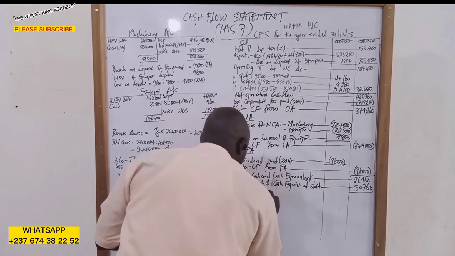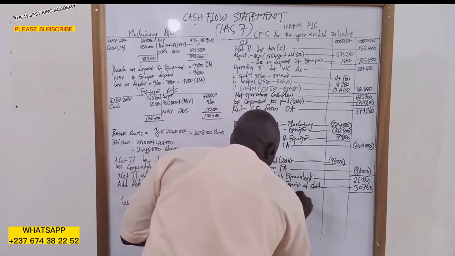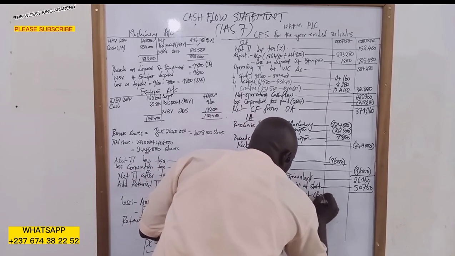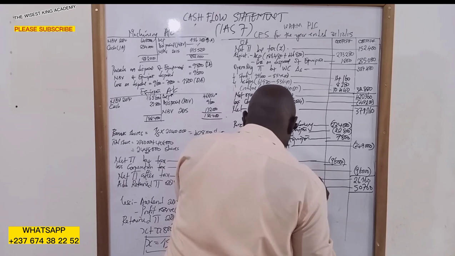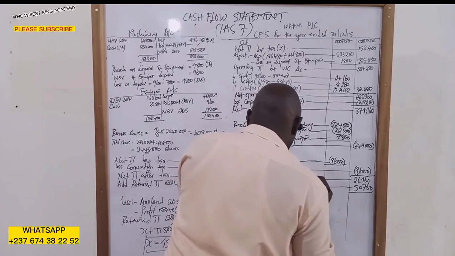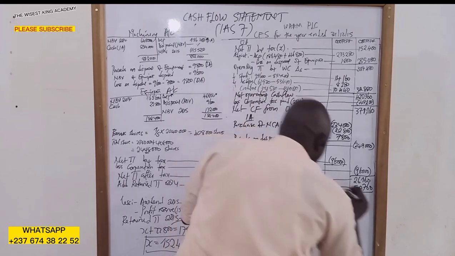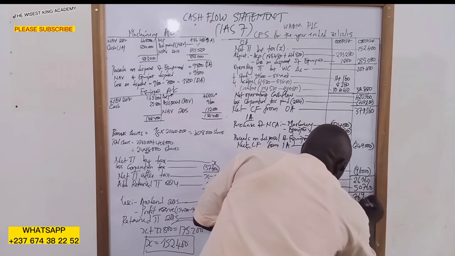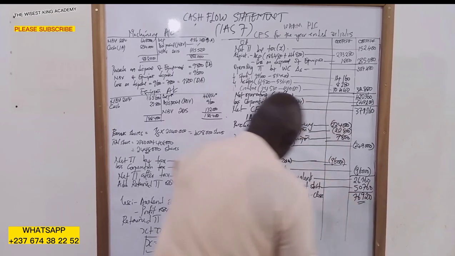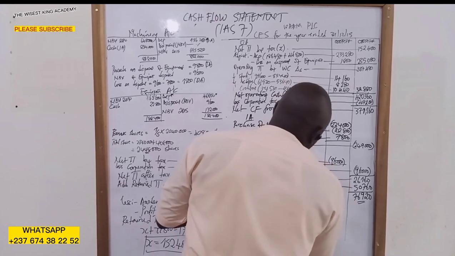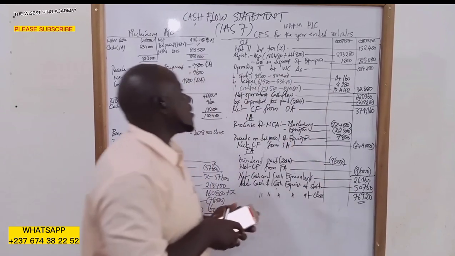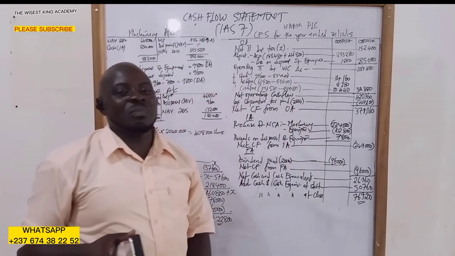That's going to give me cash and cash equivalent at close, which is actually 76,920. You can see that it has balanced. So this is a complete worked example.